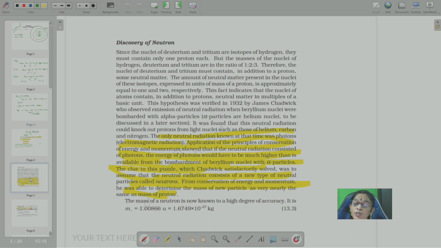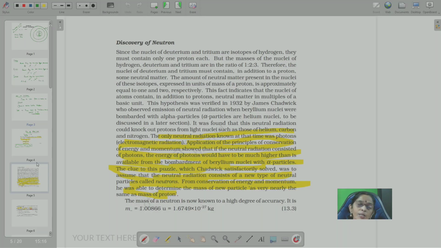Where is the neutron present, children? Inside the nucleus. In olden days, we were not sure about what is present apart from the proton. Already we learned from Rutherford's alpha particle scattering experiment that only a cloud of massive positive charge in a small space is present, that is called the nucleus.